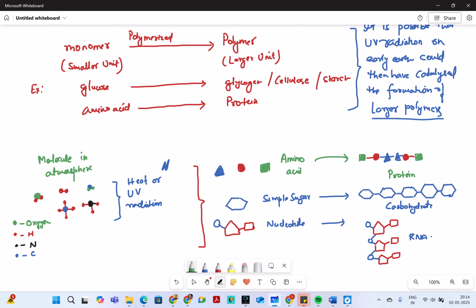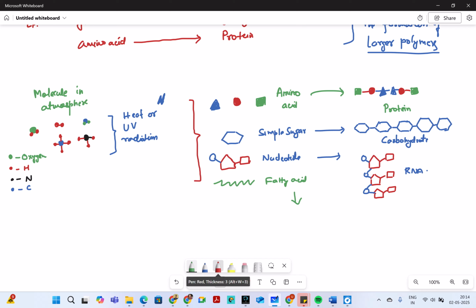Right? In the same way, some fatty acid tails are formed. This is fatty acid tail. And what has this fatty acid done? What kind of molecules are we getting from there? From here, we are getting molecules like this.